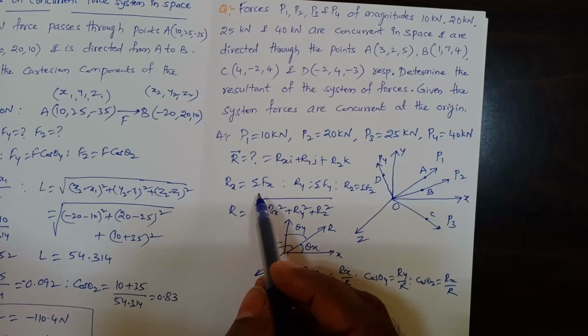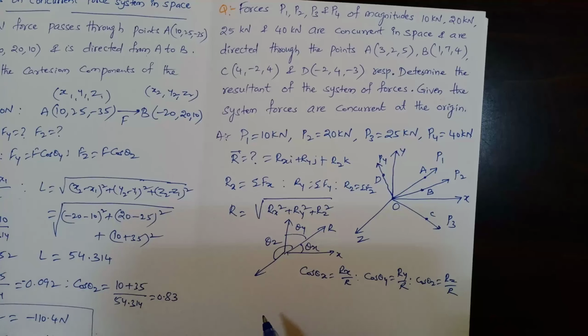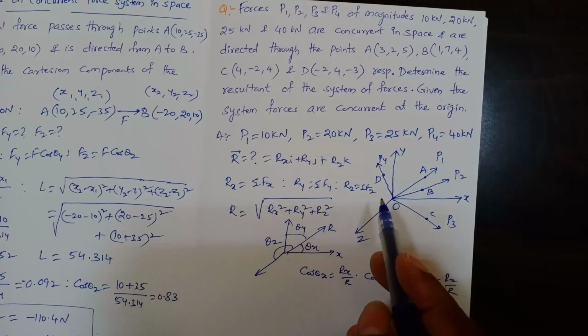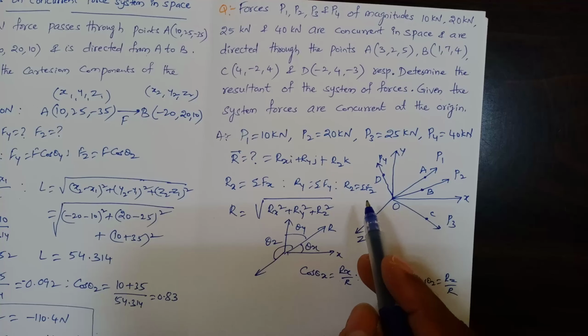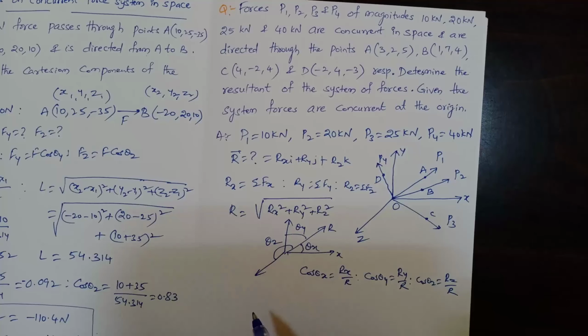Rx is equal to sigma Fx. Here sigma Fx means the algebraic sum of the x components of all the forces. So let us write that now. If you resolve this P1 bar, that is equal to P1x i cap, P1y j cap, P1z k cap.